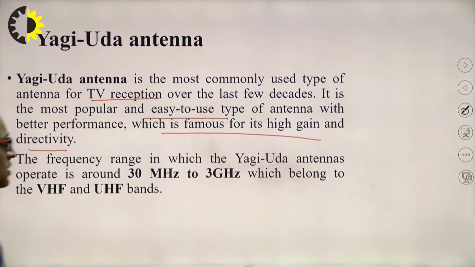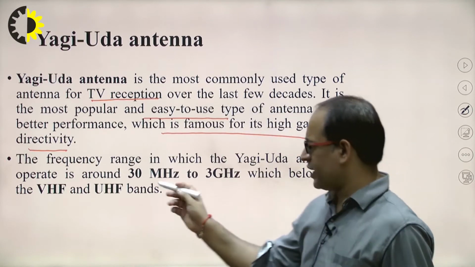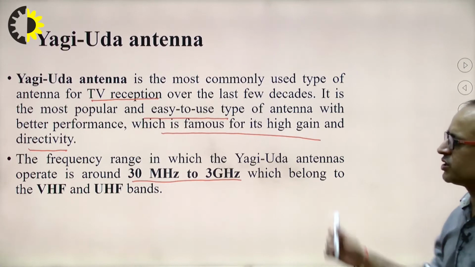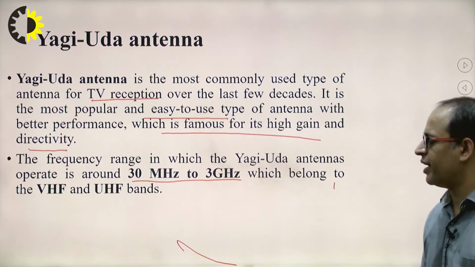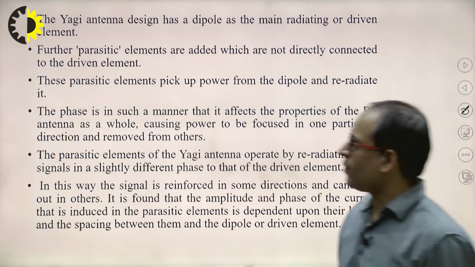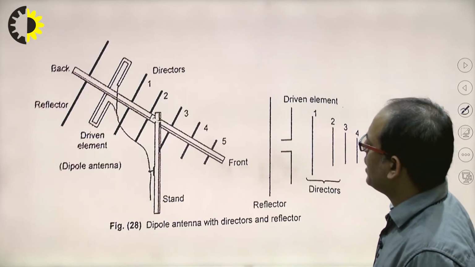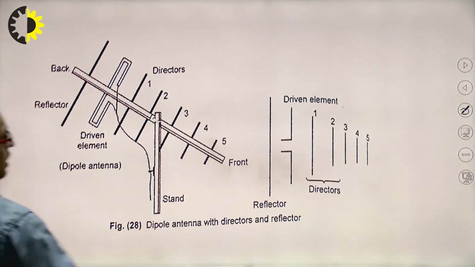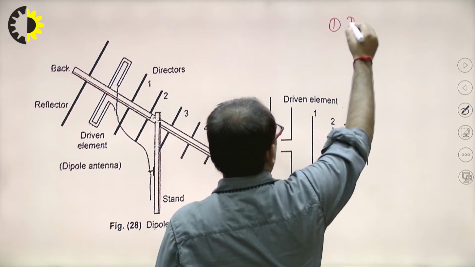The frequency in which the Yagi-Uda antenna operates is around 30 megahertz to 3 gigahertz, which belongs to the VHF and UHF band. Clear? So the Yagi-Uda antenna mainly has three elements. The first element is the driven element.